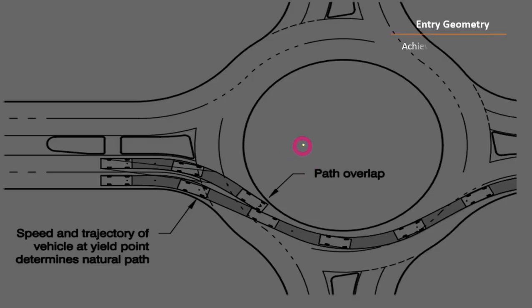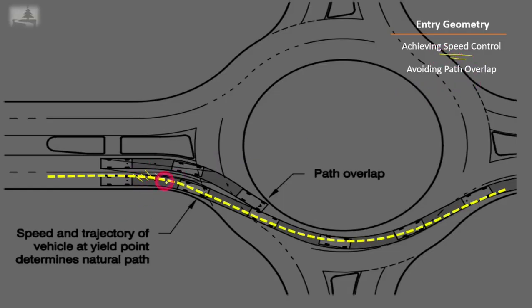Alright, what we're seeking is geometry for entry of the multi-lane roundabouts, which is able to control the speed of entering traffic through this horizontal deflection, imposed by the position of these 2 points, and at the same time must be able to induce adequate natural paths to avoid path overlap, like this path overlap here.